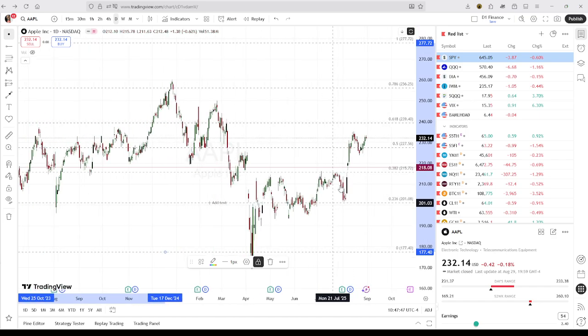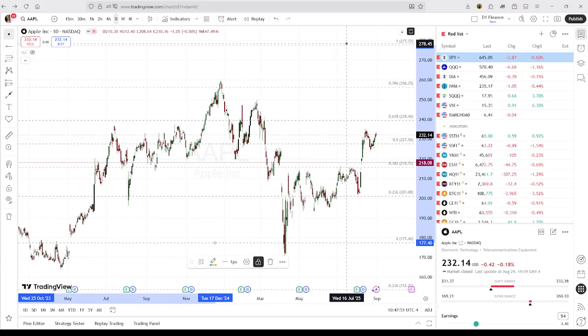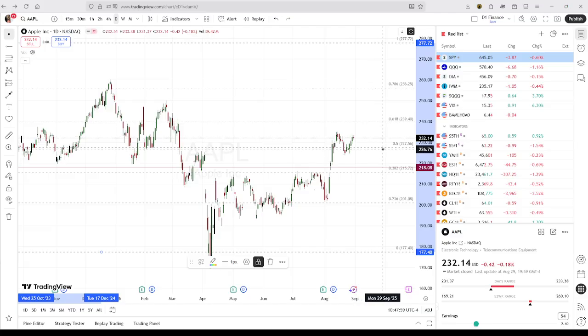So now my R3 is going to be my 100% mark here. My zero mark is going to be my S3. My monthly pivot is now going to be here at 227.56. This is now my monthly pivot. Okay, my R1, my R2, my R3. Then I have my S1, S2, S3.